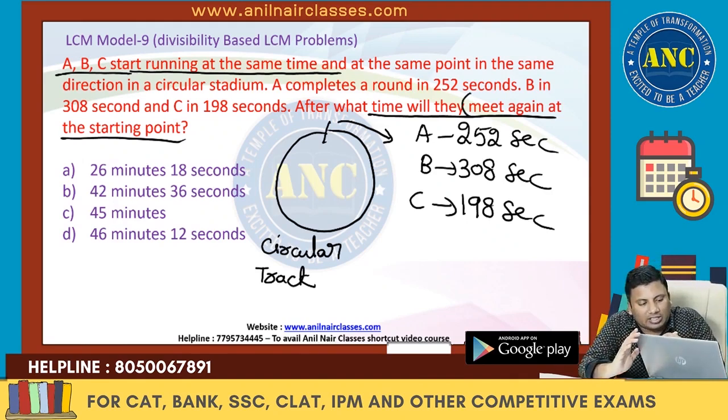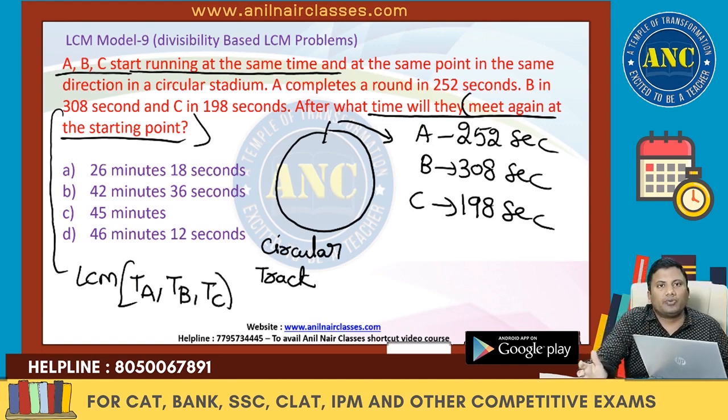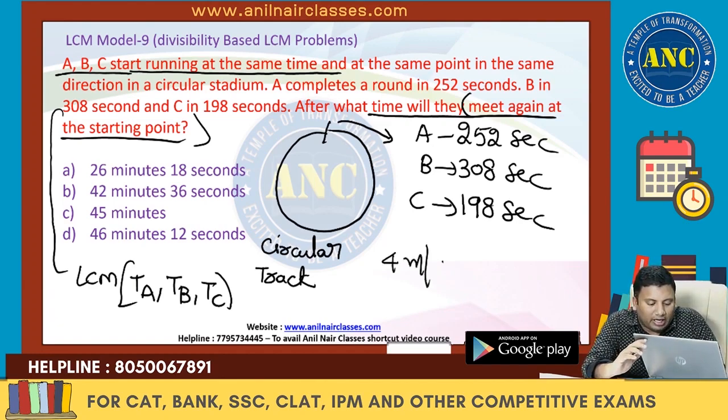Meeting again at the starting point is nothing but the LCM of the time periods taken by these three: TA, TB and TC. Suppose somebody is going at 4 meters per second, and another at 6 meters per second.